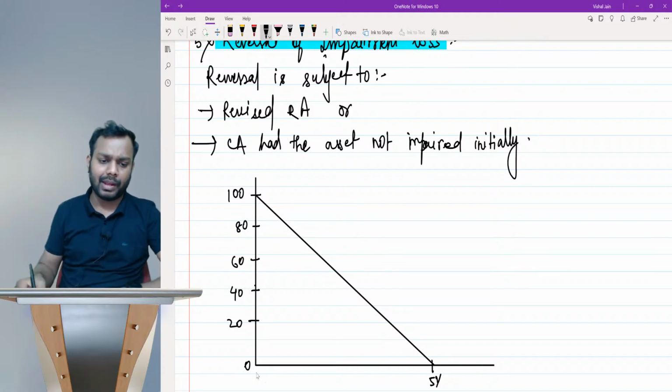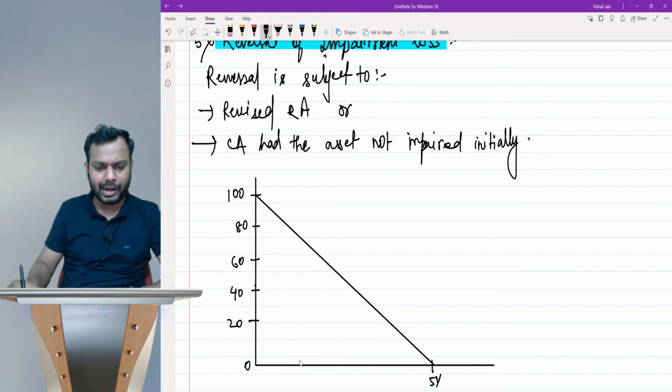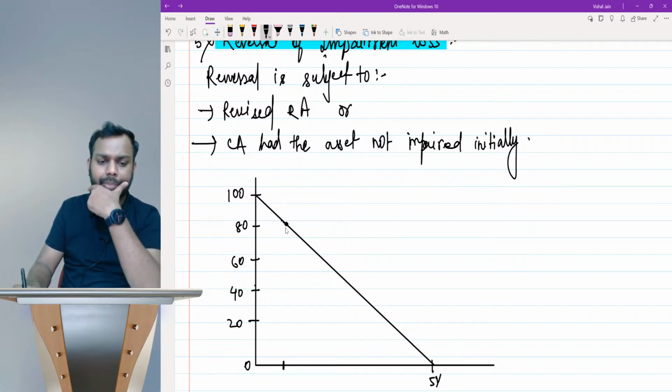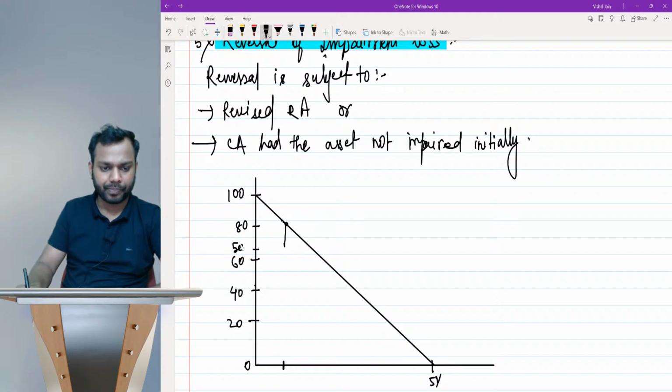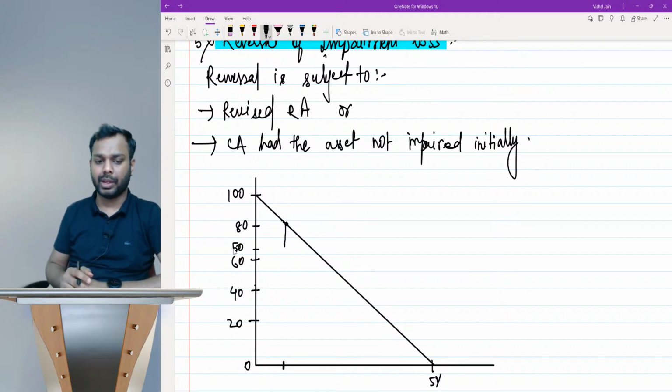Now what happens at the end of the first year, when the value was 80? The asset got impaired to, let's suppose, 50.